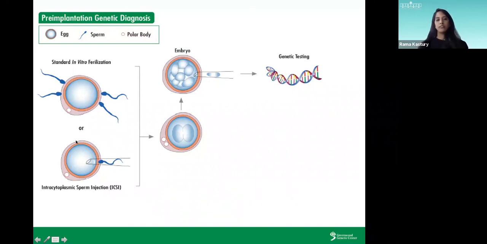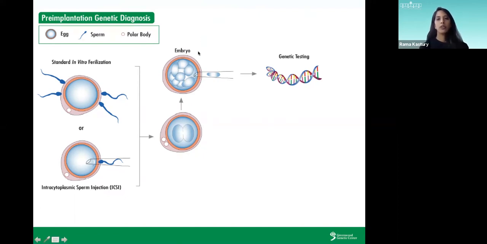Once we've helped fertilization to occur, we have our little embryo at the multiple cell stage, and we extract a few cells from that embryo, and we can do genetic testing on that. So we are able to screen those embryos for chromosomal abnormalities, sex chromosomal variations, and such things.